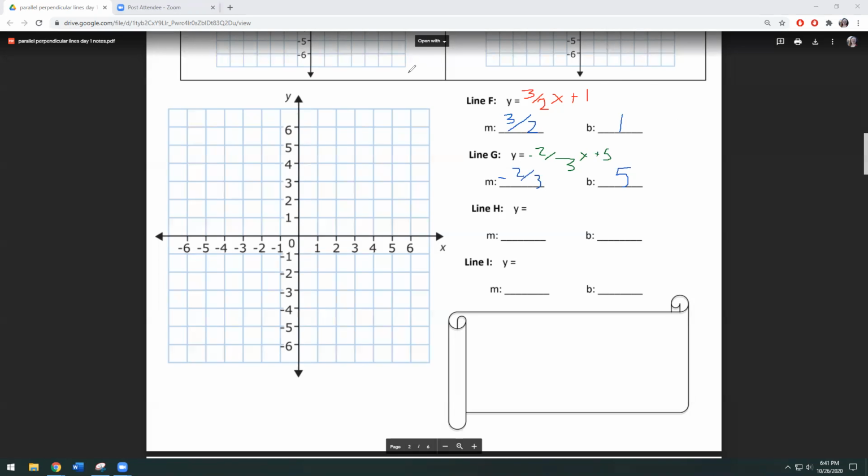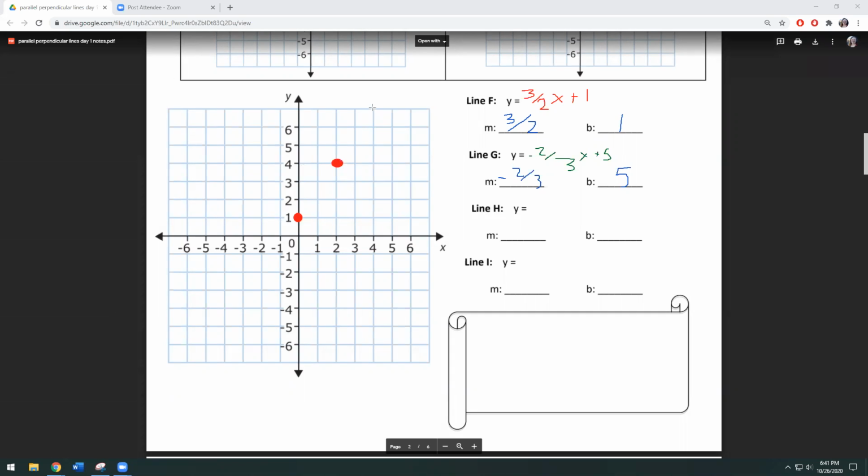All right, let's graph those equations. So let's start off with line F. Line F tells me to start at 1. So my y-intercept is 1. And then I'm going up 3, right 2, because this is a positive graph, so it needs to go this direction. So up 3, over 2.